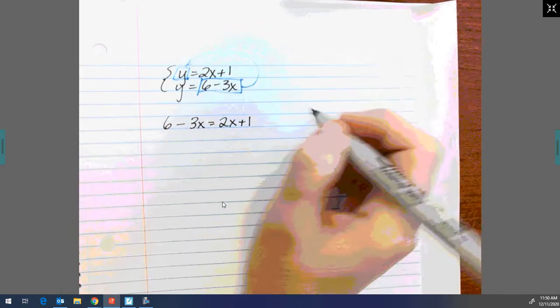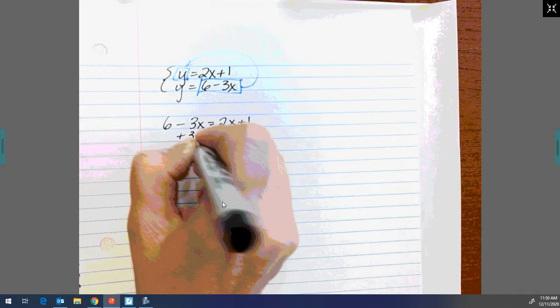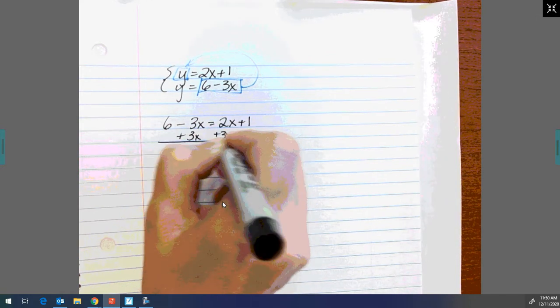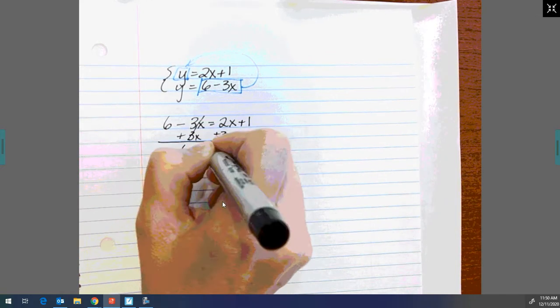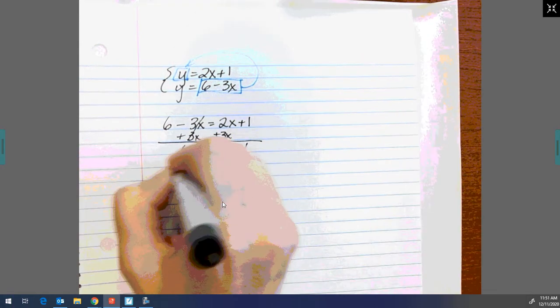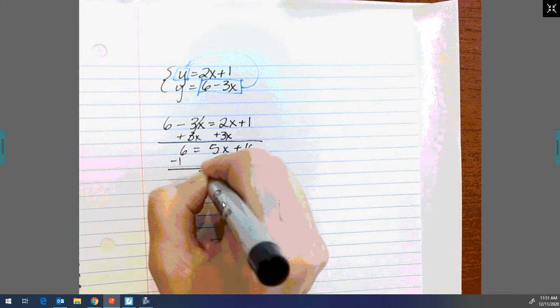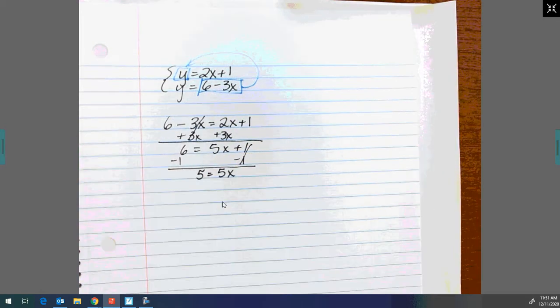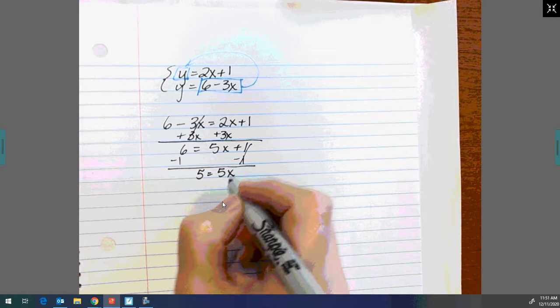I need to get my x's together, so I'm going to add 3x to both sides. And then I have a 2-step equation to solve. So subtracting 1. And then dividing by 5.